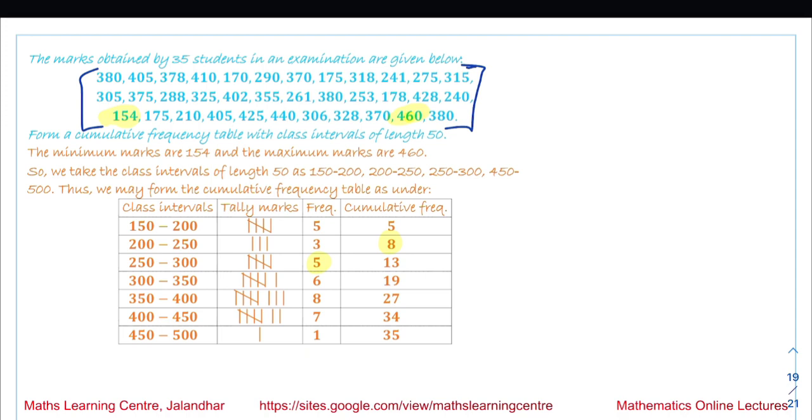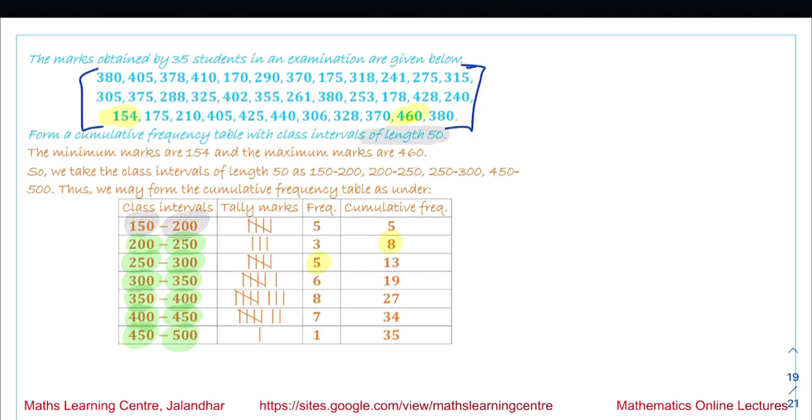Length 50 means we will start our intervals with the first value as 150. The length of the interval should be 50, so the next value is 200. Next it is 200 to 250, then 250 to 300, 300 to 350, then 350 to 400, 400 to 450, then 450 to 500. These are the class intervals that we have obtained.